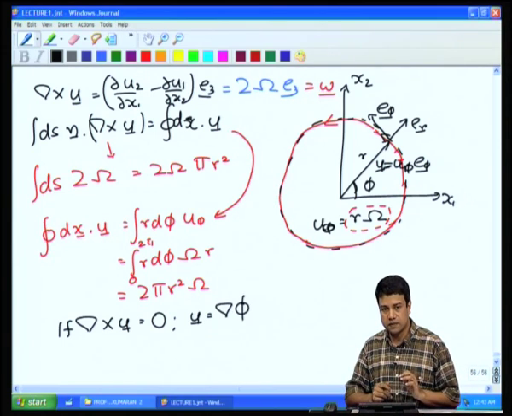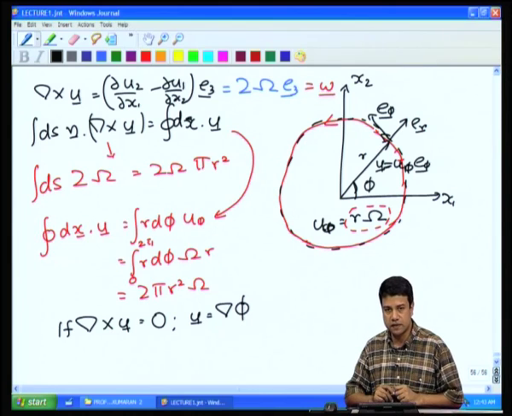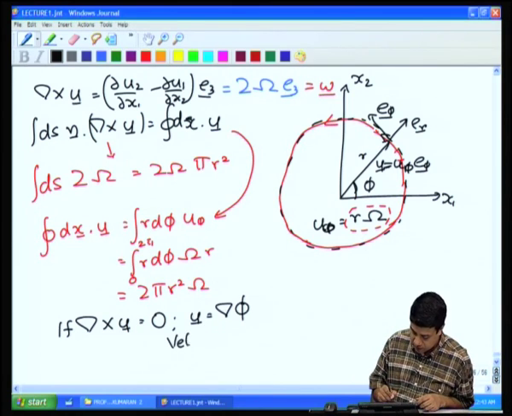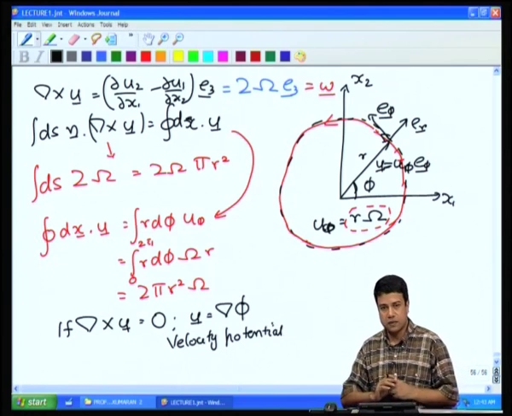This function is called the velocity potential.